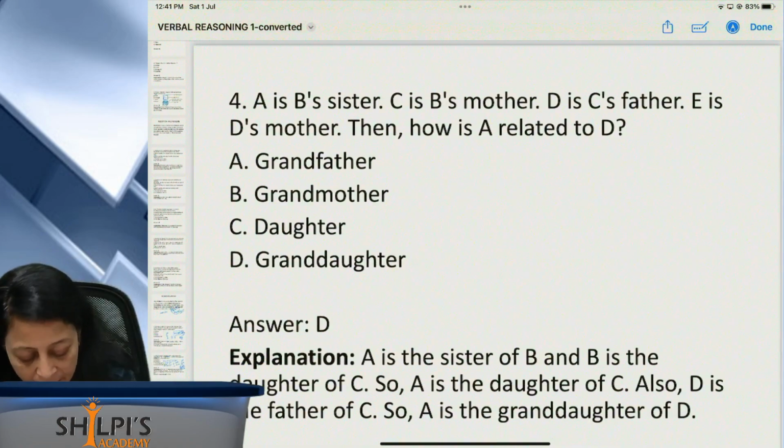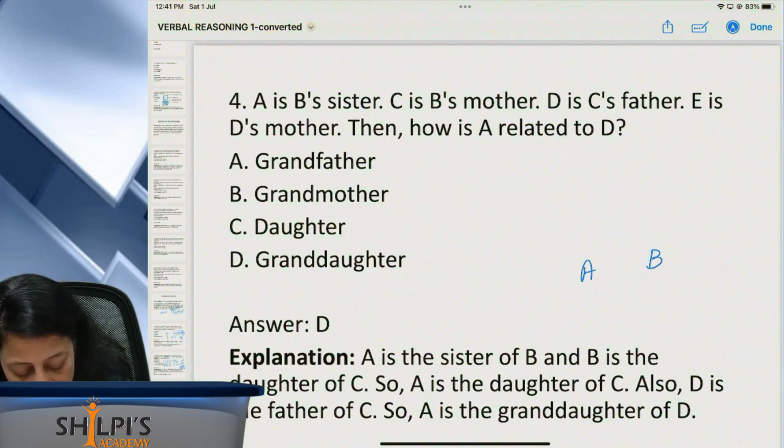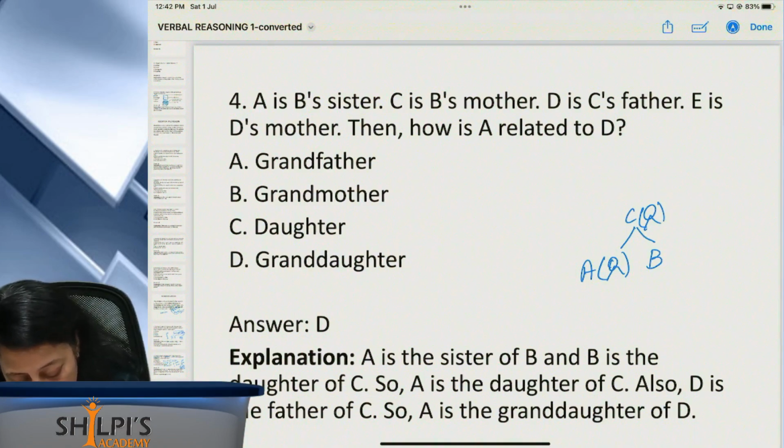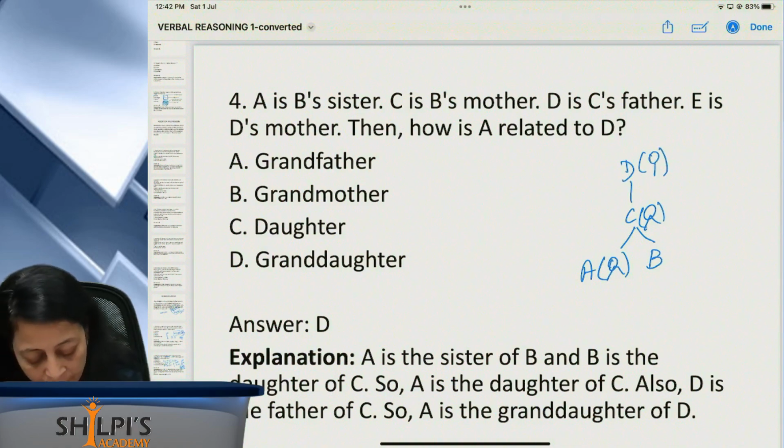A is B's sister. C is B's mother. D is C's father.